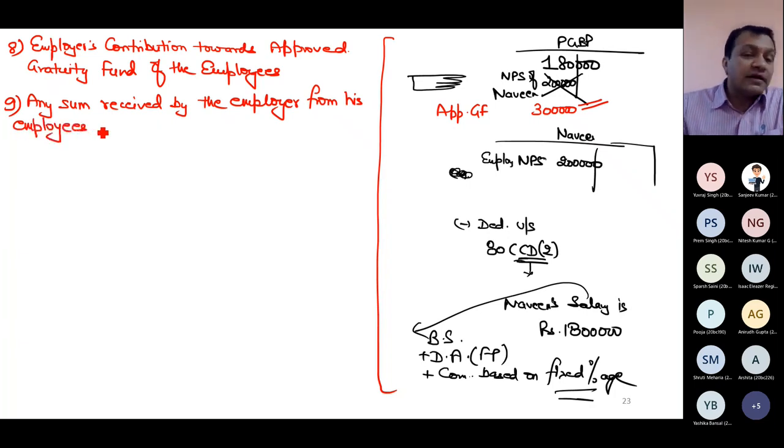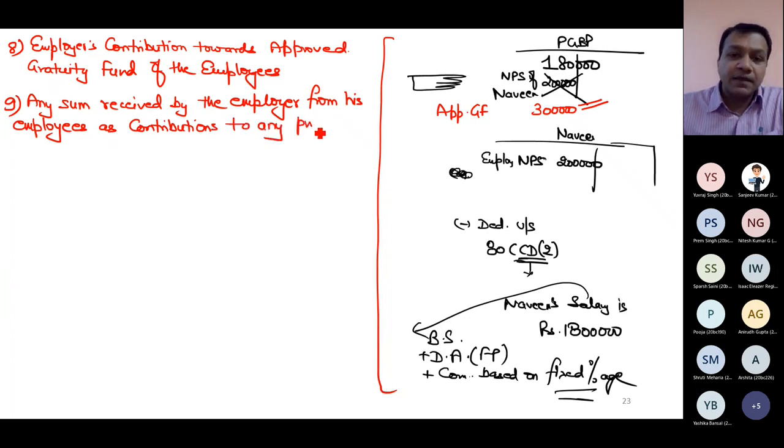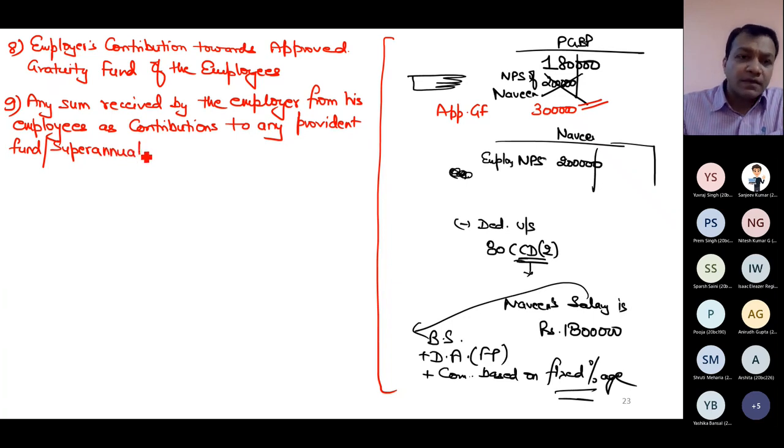think logically, as what? Contributions to any provident fund. It's a little bit technical, but the moment you understand any technical thing, you feel very happy that you learned something which is not understood by many people.